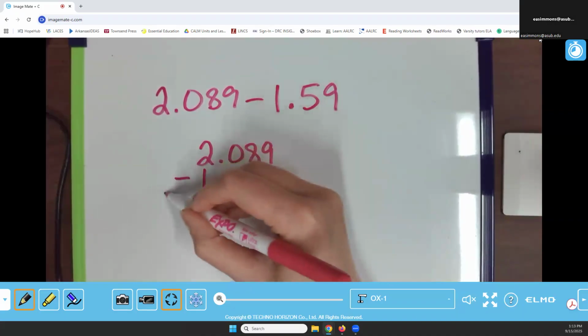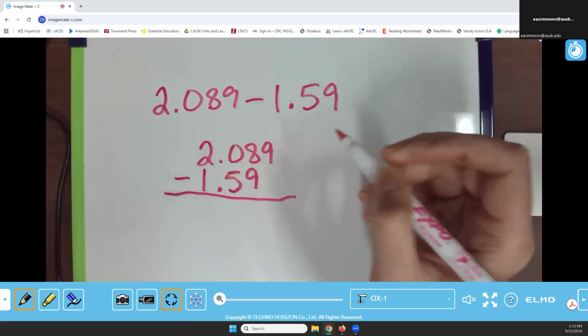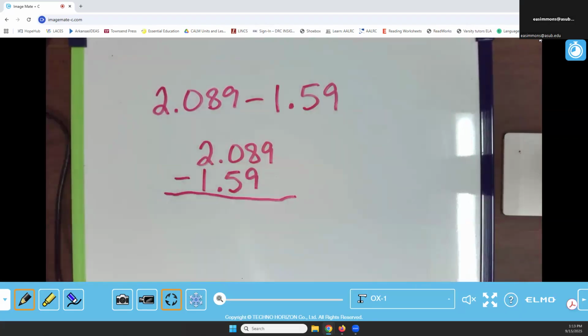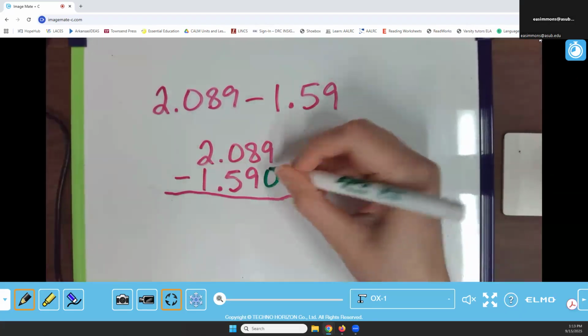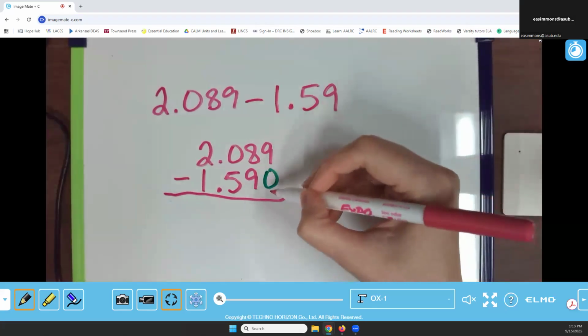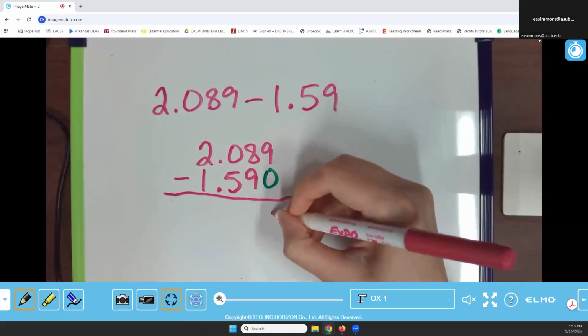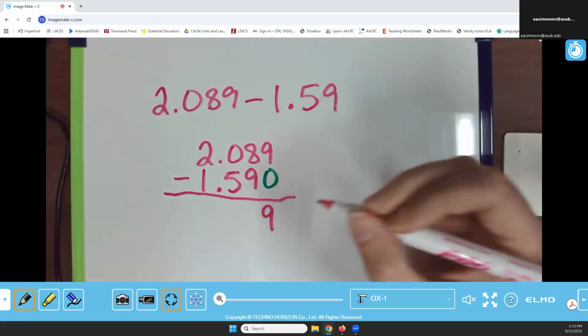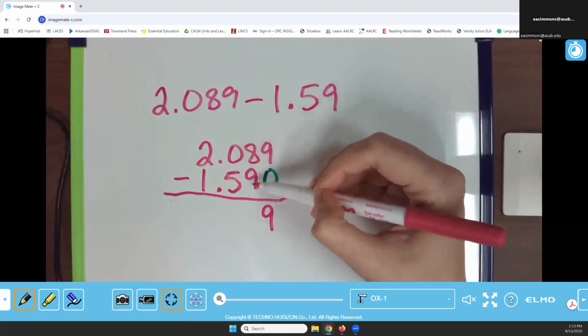And I'm subtracting. So I'll do the same thing as before. I'm going to go ahead and put down a placeholder 0, just so that it's there. And I've got 9 minus 0 for 9. Then I have 8 minus 9.